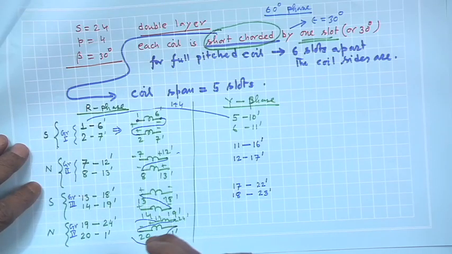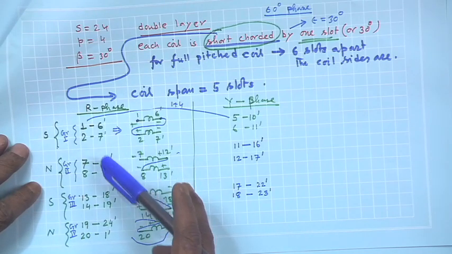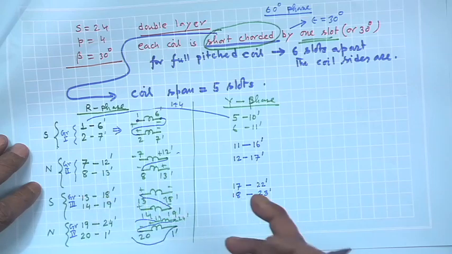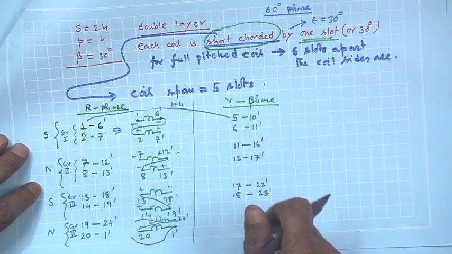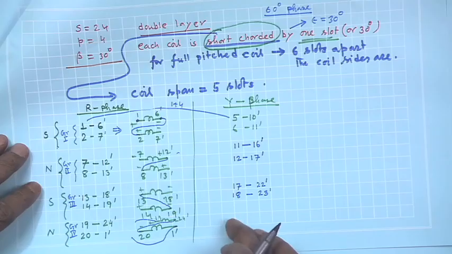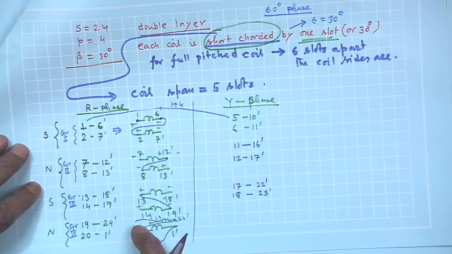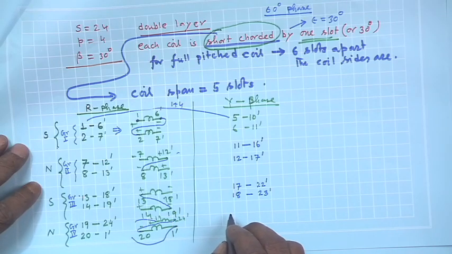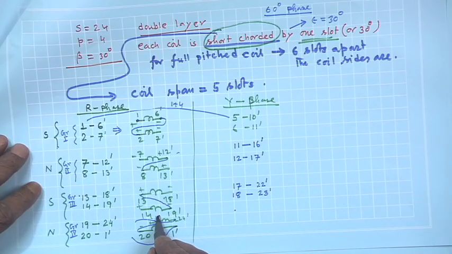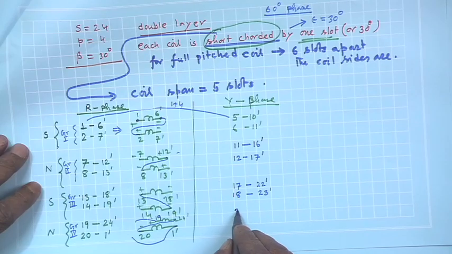So, 8 coils should be there. So, 1, 2, 3, another 2 will come, and this will be 14 here, 14 plus 4 is 18, is it? No. Oh, 19, this is 19, 19 plus 4 is 23, is it not?